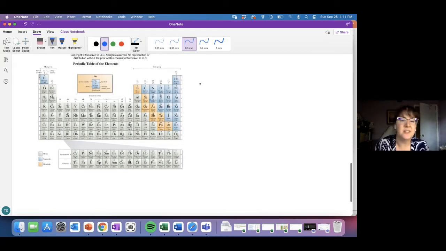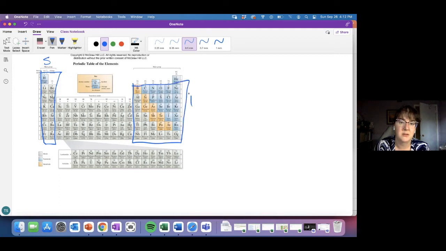So essentially, we've been talking about things like electron configuration, but we talked about perhaps the notion that we had an S block, a P block, a D block here in the middle, and an F block down here.